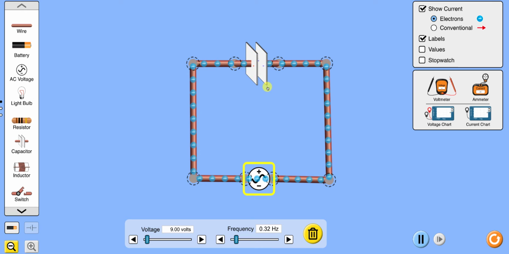So when you connect a capacitor to an AC power source, the way the plates of the capacitor are charged changes as a function of time.